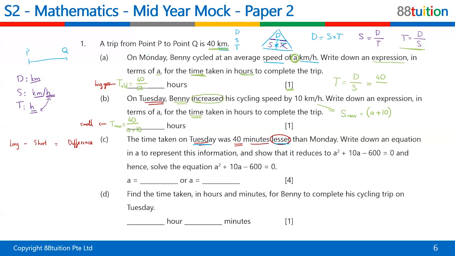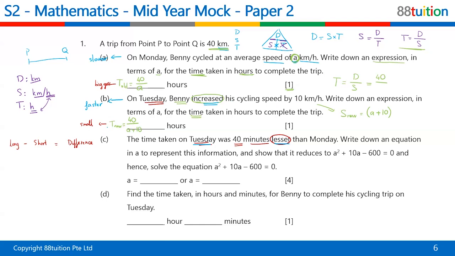So here, you see that on Monday, the person travels at A. Then on Tuesday, the person increases the speed, meaning on Tuesday, the person goes faster. So on A, the person goes slower. So remember that if you go slower, your time is longer.